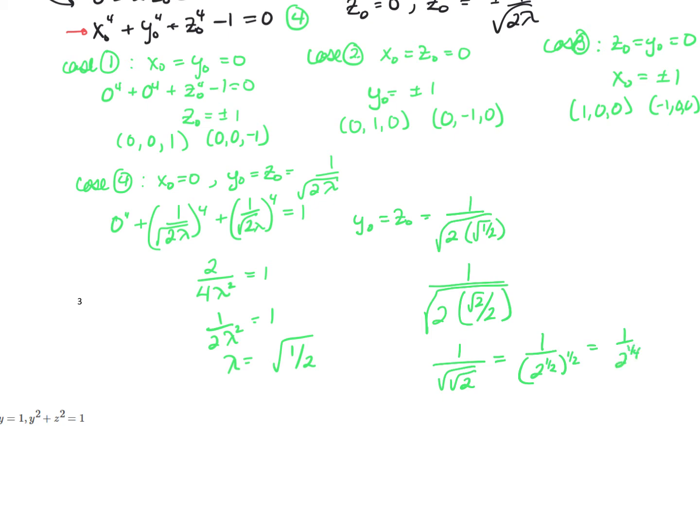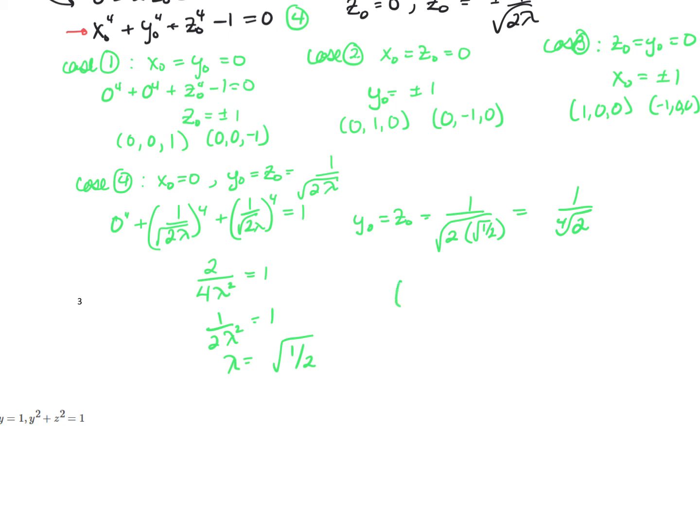And so in other words, this is equal to 1 over the 4th root of 2. Okay? So I just want to take a moment to do the algebra. I know you're like, I know, I remember, but I just want to give it to you anyways. And so what I have now is 0, 1 over the 4th root of 2, and I also have 1 over the 4th root of 2.